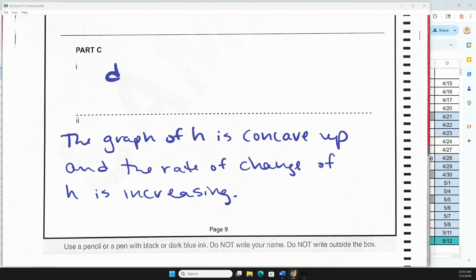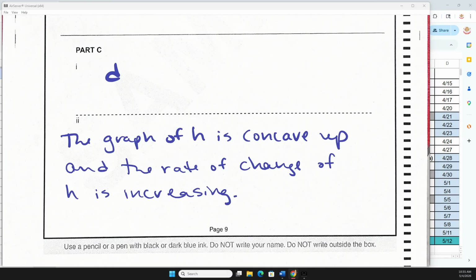We're not going to try to be fancy and say increasing at an increasing rate. We're just going to say increasing because sometimes it isn't increasing at an increasing rate. At that point in the graph, it actually isn't increasing at an increasing rate. We don't need to know calculus to do this. Just say it's increasing and you're done. Yes? What if you just put concave up and rate changes increasing?